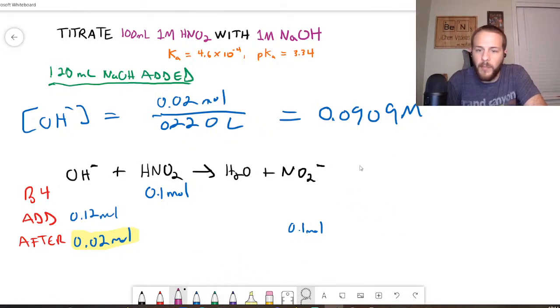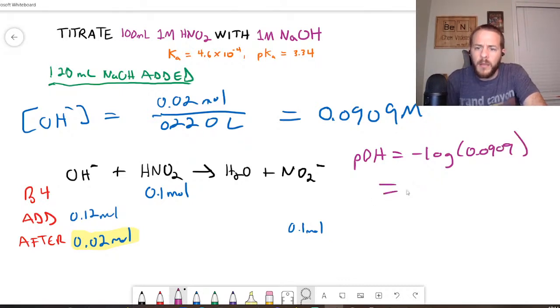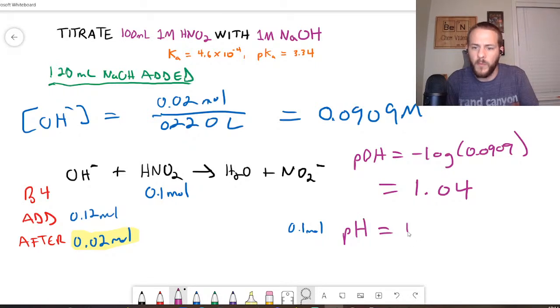We can get pOH from that. pOH is equal to negative log of the hydroxide concentration, so negative log of 0.0909. What does that end up being? 1.04. So the pH will then be 14 minus 1.04, because the sum of pH and pOH always equals 14, assuming you're talking about 25 degrees Celsius, which we are. So 14 minus 1.04.